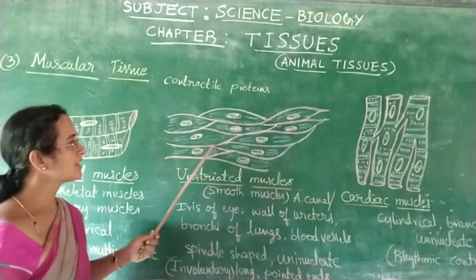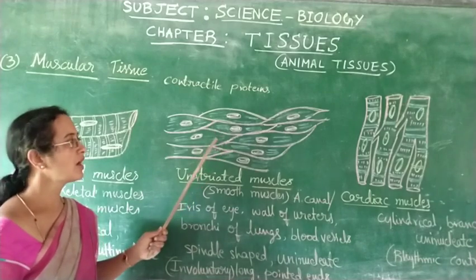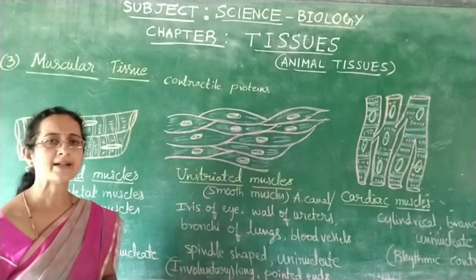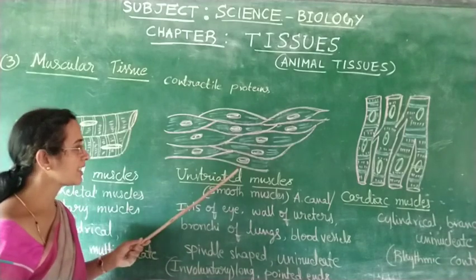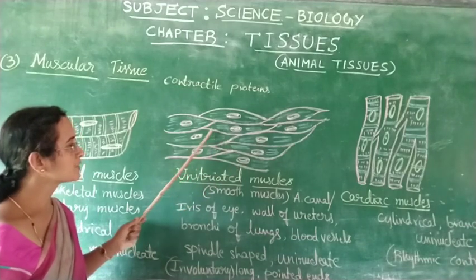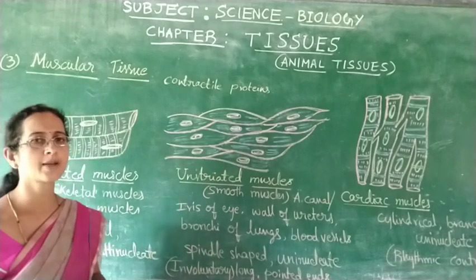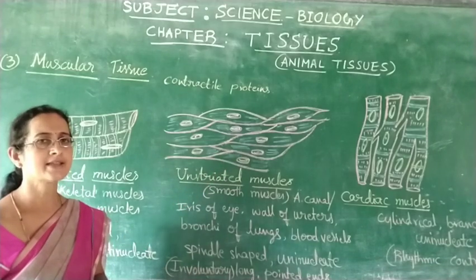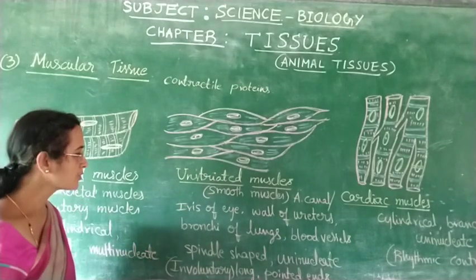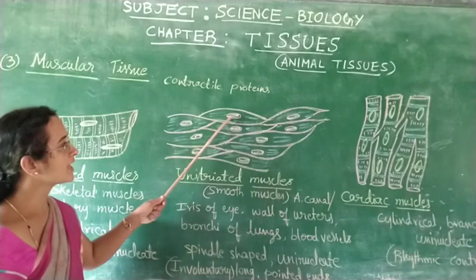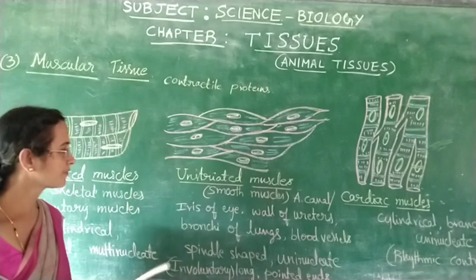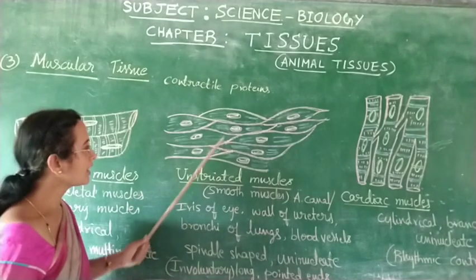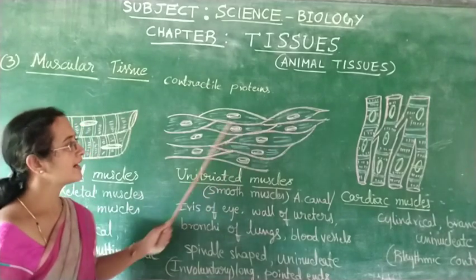When we look at these cells, they do not show those bands. Alternate light and dark bands are not seen here. So what you are seeing are spindle-shaped cells or rod-shaped cells without striations. These are spindle-shaped and uninucleate, having a single nucleus at the center of the cell. These are long cells with pointed ends.